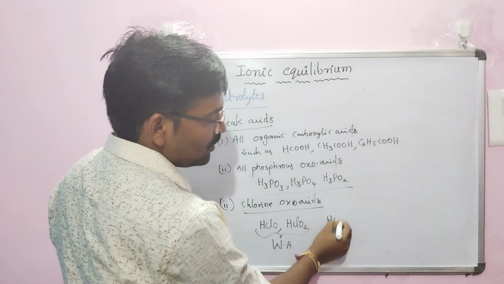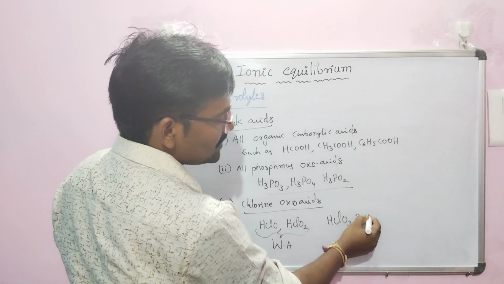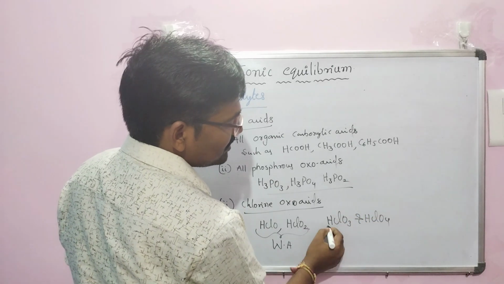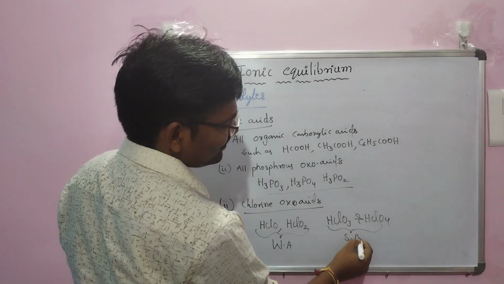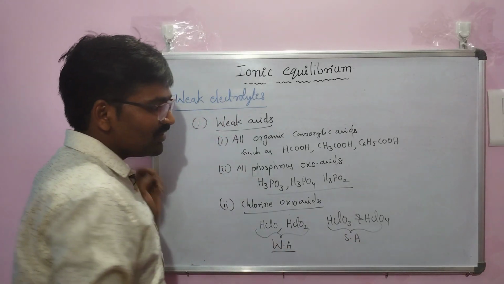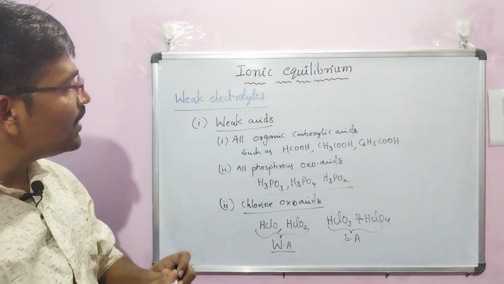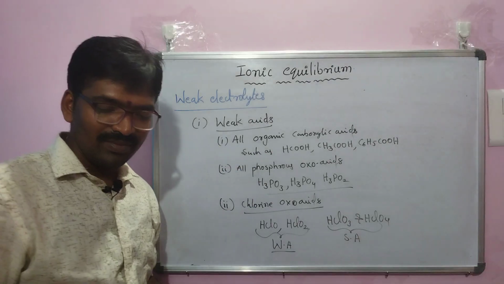HClO3 and HClO4 are strong acids. So weak acids will come under the weak electrolytes.